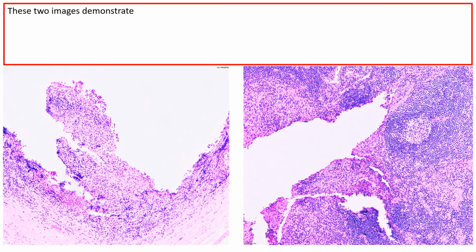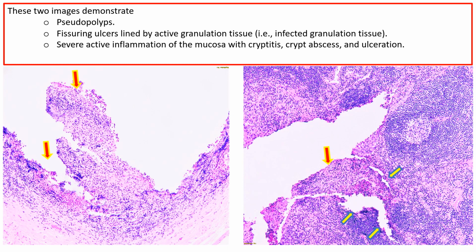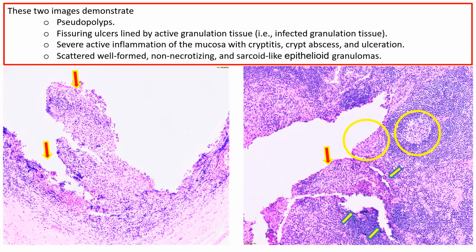These two images demonstrate pseudopolyps, fissuring ulcers lined by active granulation tissue that is infected granulation tissue, severe active inflammation of the mucosa with cryptitis, crypt abscess, and ulceration, and scattered, well-formed, non-necrotizing, and sarcoid-like epithelioid granulomas.